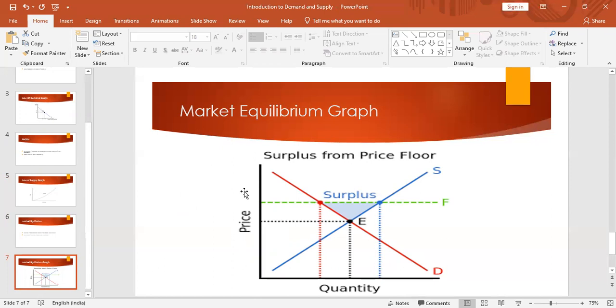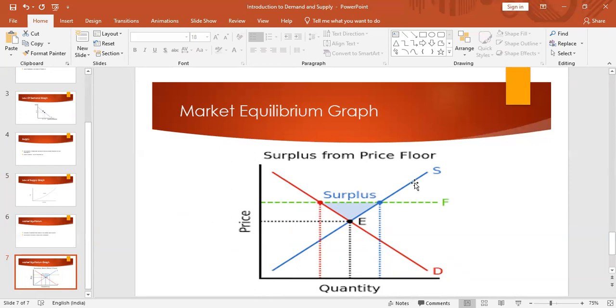Let's take this particular graph as an example. On the x-axis there is quantity, and on the y-axis there is price. The price keeps on increasing. If we increase the price, from the perspective of demand, we can see that the price leads to a decrease in the quantity demanded.